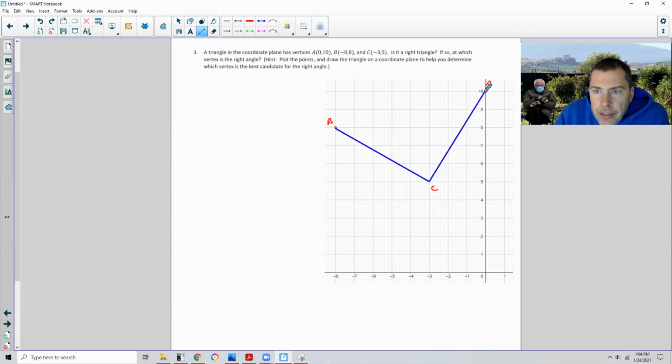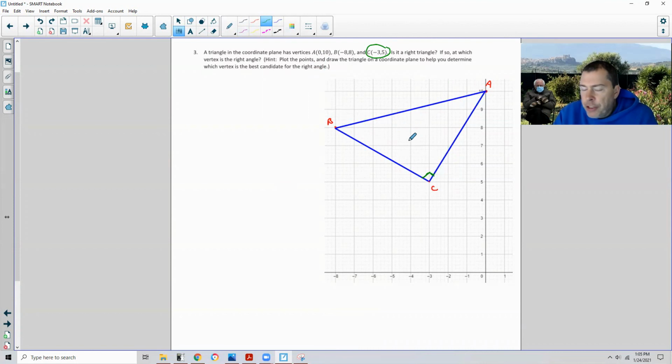So when I draw this triangle like so, then I look and I say, okay, the best candidate for the right angle is obviously angle C. That is closest to a right angle. B is definitely acute. A is definitely acute. So C is our best candidate. So this should be the right angle if it is a right angle.